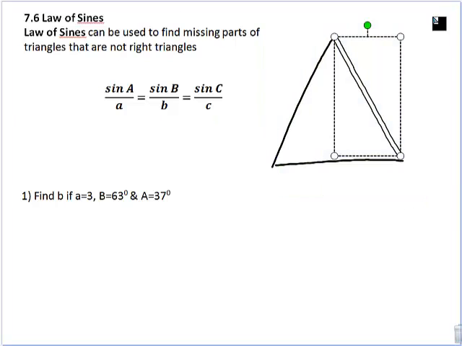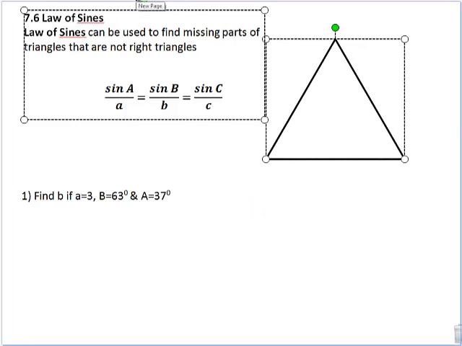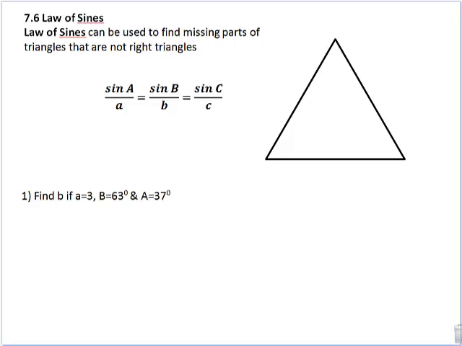So if we have this triangle, the capital letters are our angles. So this would be angle A, angle B, angle C. How do we know what sides the little a, b, and c are?